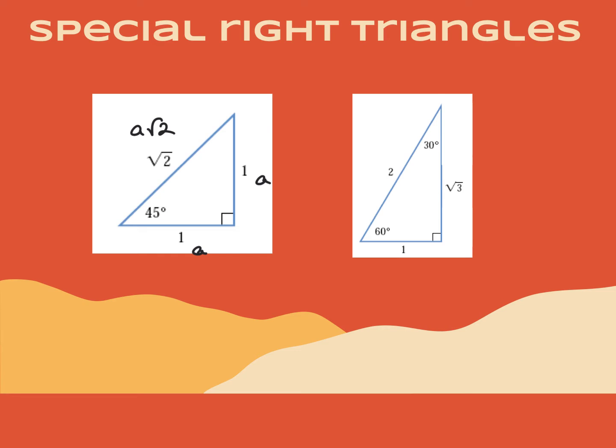And then in the 30, 60, 90, the side across from 30 is A, across from the 60 is A with root 3 behind it, and the hypotenuse is 2 times A. This is when your numbers are not the 1, 2, or the square root 2 or the square root 3.